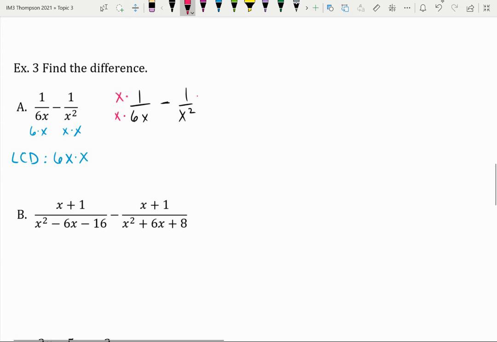And on the right-hand side, I need a 6. Now I have 6x squared for both denominators, so I can write it all over one denominator. X times 1 is x, minus 1 times 6 is 6.